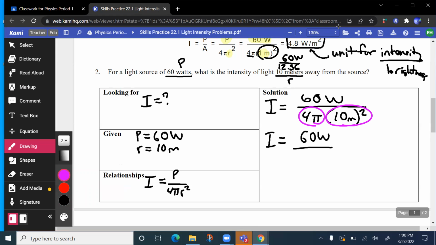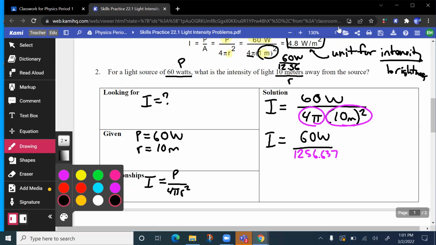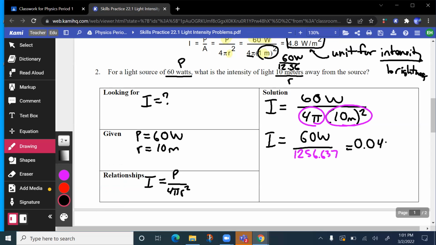You get 1256.637. Now divide 60 by 1256.637, and we're going to get an intensity of 0.048 watts per meter squared.